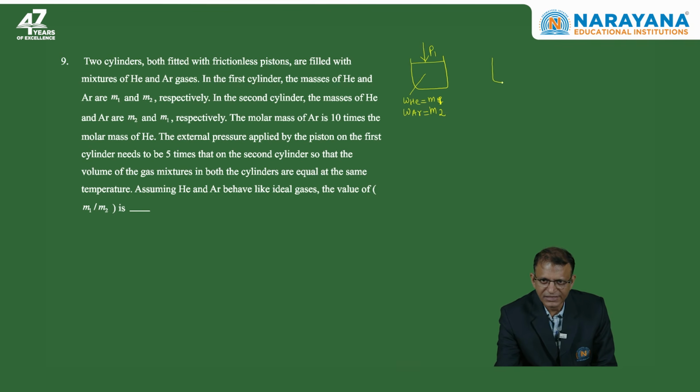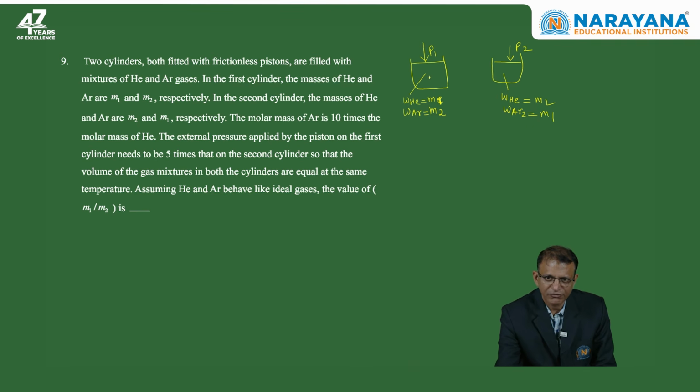In the second cylinder, the pressure is P2 and the masses of helium and argon gas are exchanged here. The mass of helium gas is m2 and the mass of argon gas is m1.